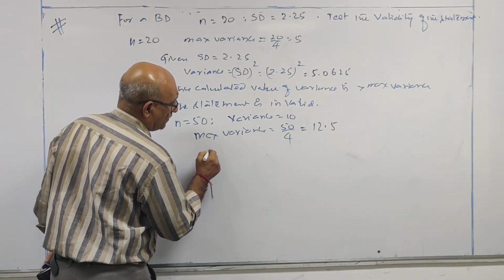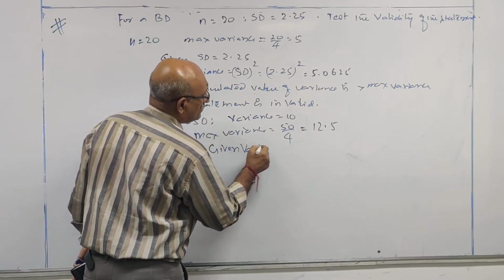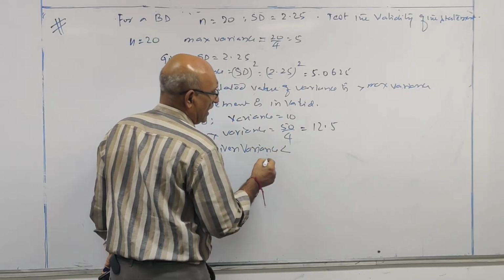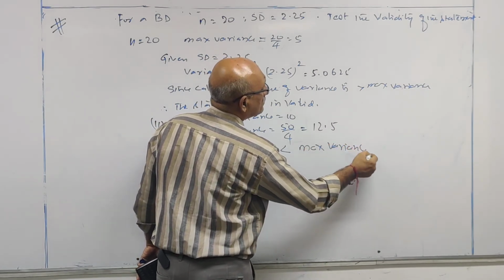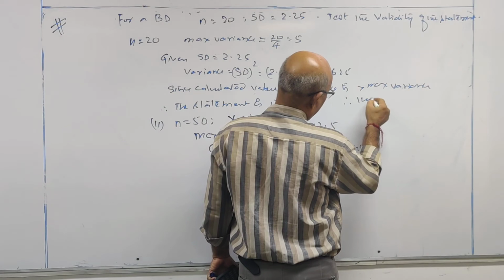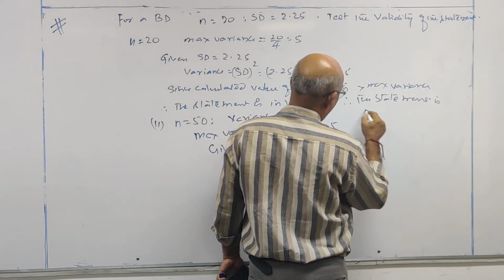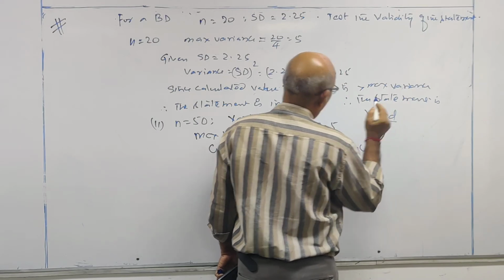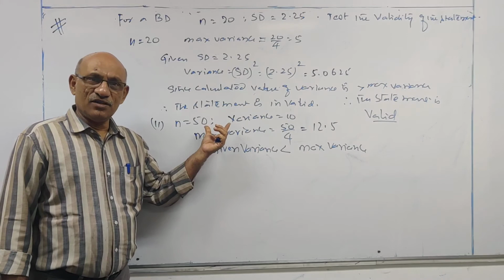So, given variance is less than maximum variance. Therefore, the statement is valid. Valid means you can say this is true, the data is consistent.